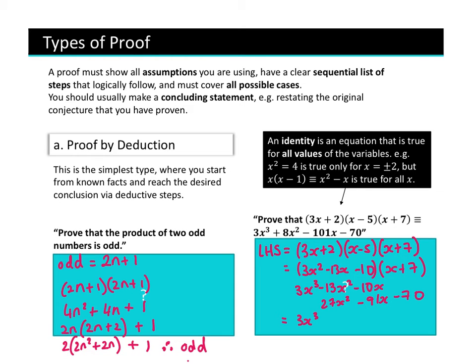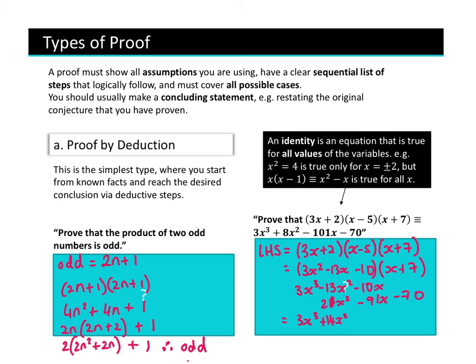I don't know off the top of my head. It's going to be, oh, I don't get 8x squared though. I get 14x squared. Have I gone wrong somewhere? What? Oh, everyone, you didn't tell me 7 times 3 is 21.